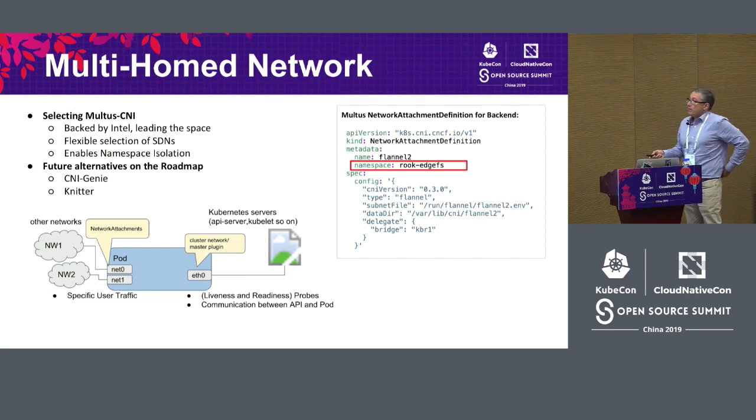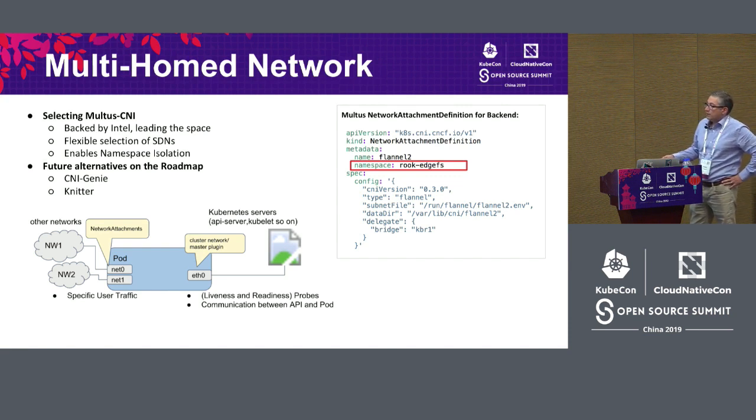What we came up with is a multi-home network. This concept is where we essentially create a different network for different user-specific purposes. The network responsible just for the Kubernetes servers, API, kubelets, and so on, liveness and readiness probes, lives here.